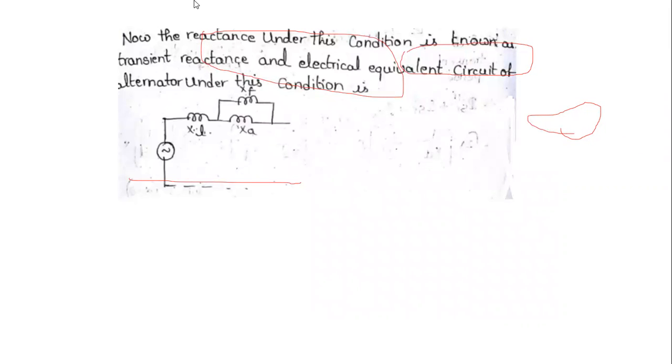Next, we are now considering the reactance under this condition, which is known as the transient reactance. In the electrical circuit of the alternator under this condition, XD is neglected and we are adding only the field winding reactance.